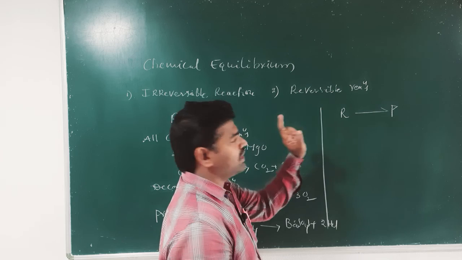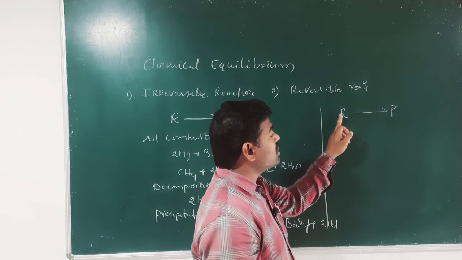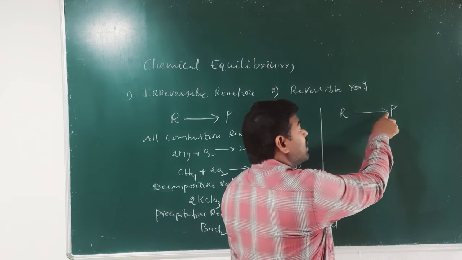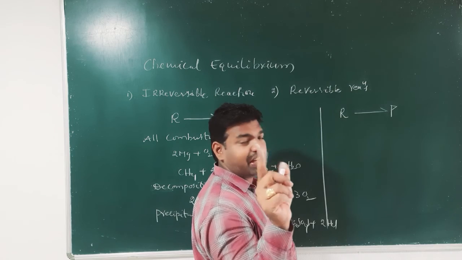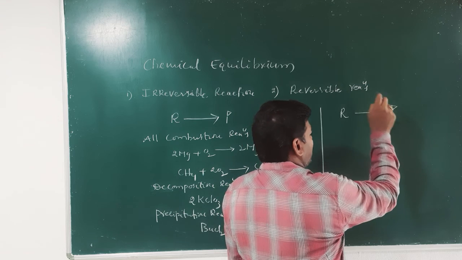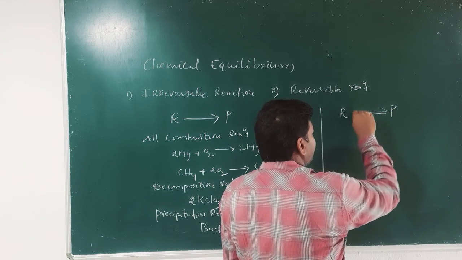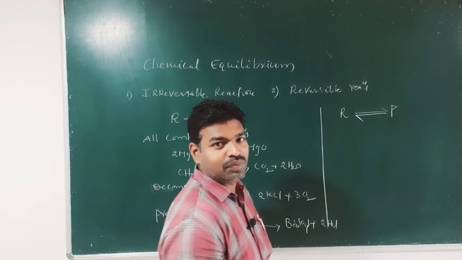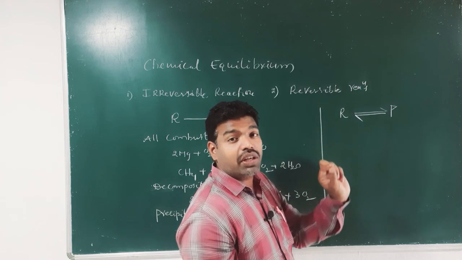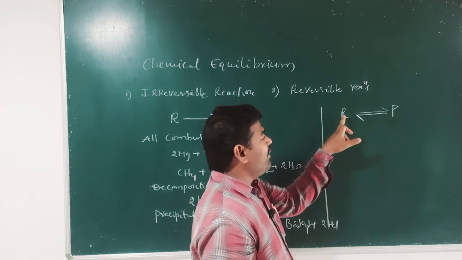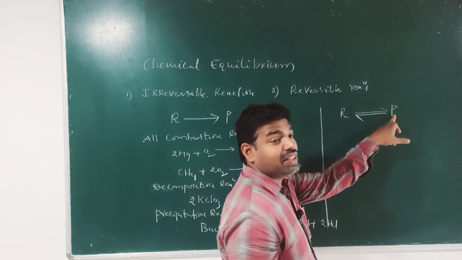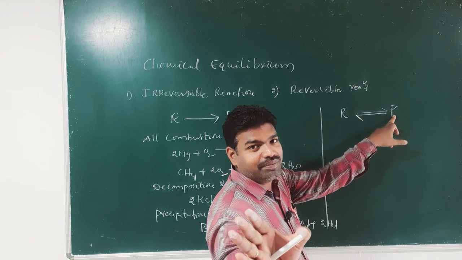because in reversible reactions reactants are not completely converted into products, that is, 100% reaction does not take place. Reactants are converted into products, but this reaction does not complete.